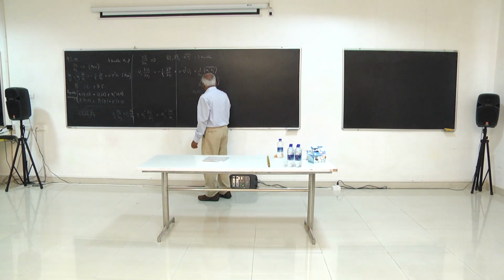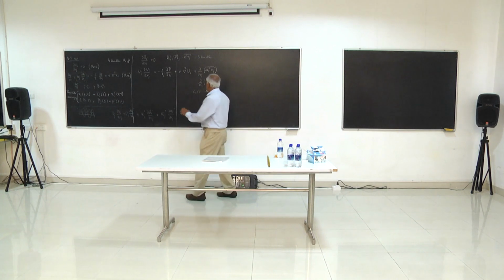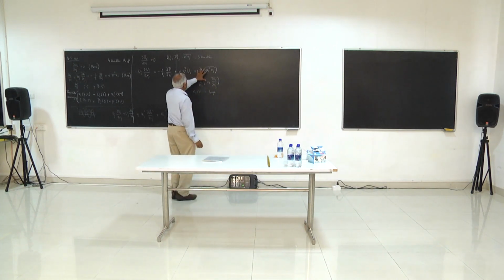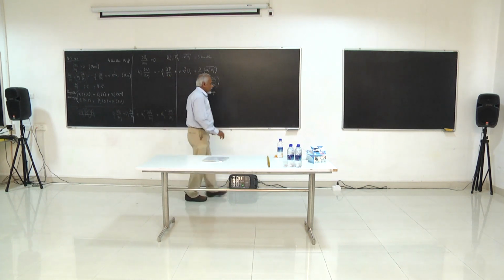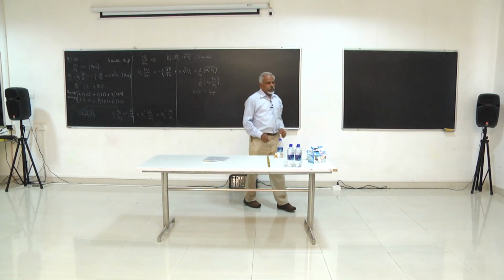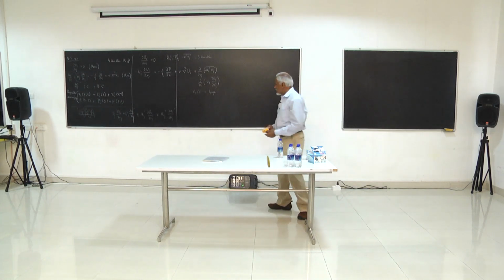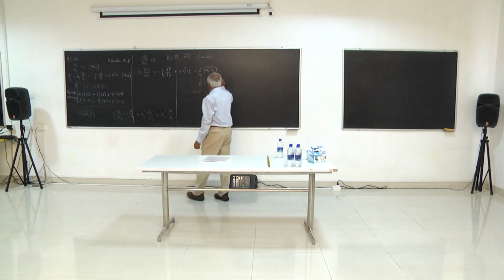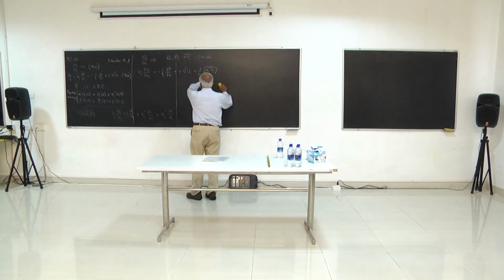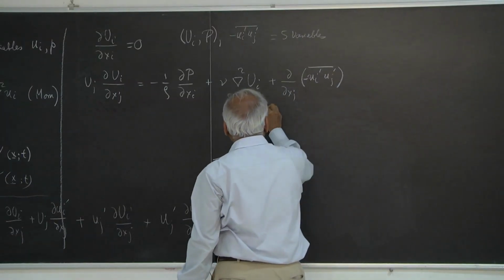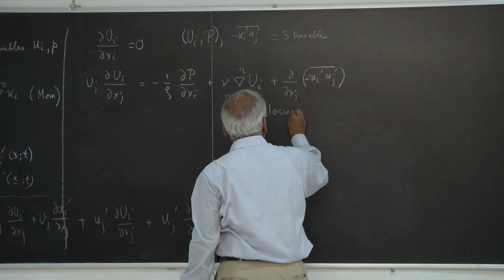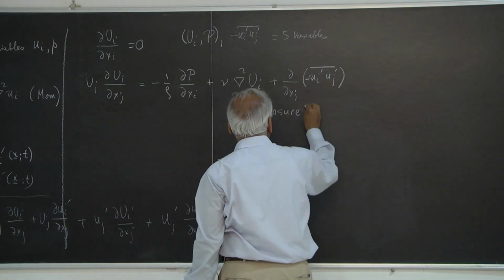And how large it is depends on the Reynolds number. So in principle and in practice, you cannot ignore this term at all. You can ignore it or not at your peril, and sometimes you will see that you can just ignore it, and sometimes you can't. So basically, you have to have this term additionally as well. This problem is known as the problem of closure in turbulence. Closure problem.